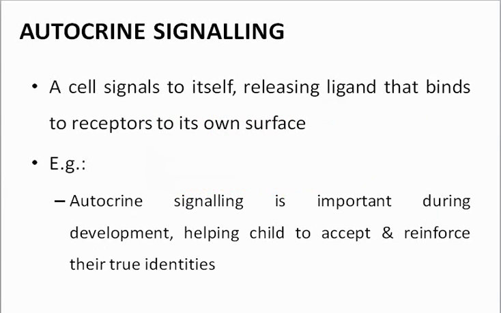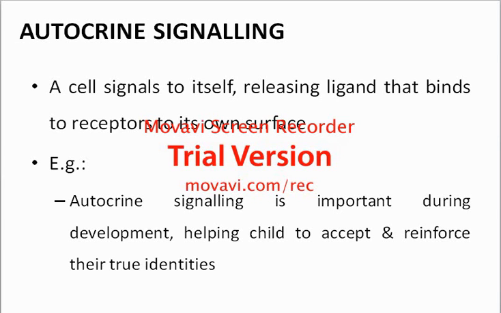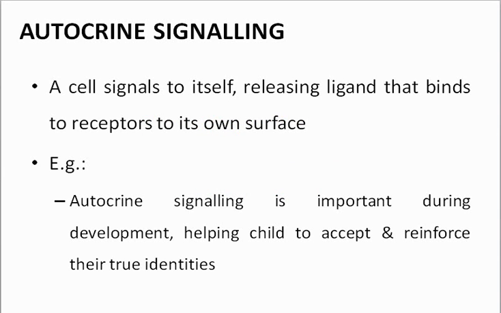For autocrine signaling, a cell signals to itself, releasing a ligand that binds to receptors on its own surface, or, depending on the type of signal, to receptors inside the cell. This may seem like an odd thing for a cell to do, but autocrine signaling plays an important role in many processes.